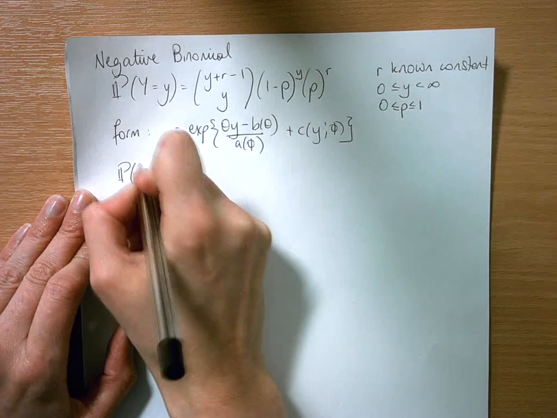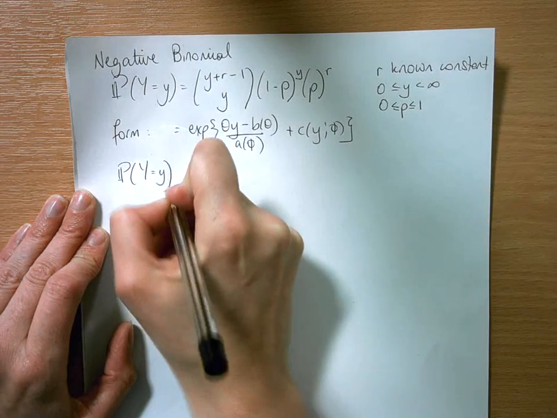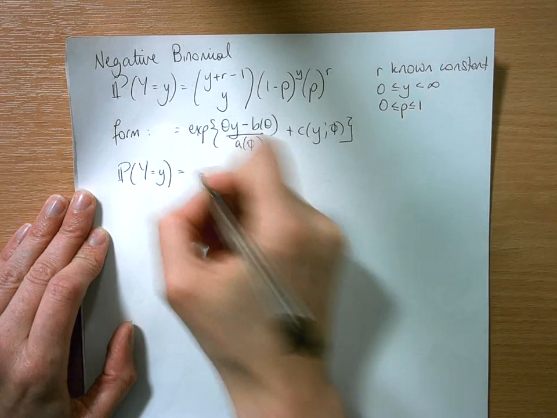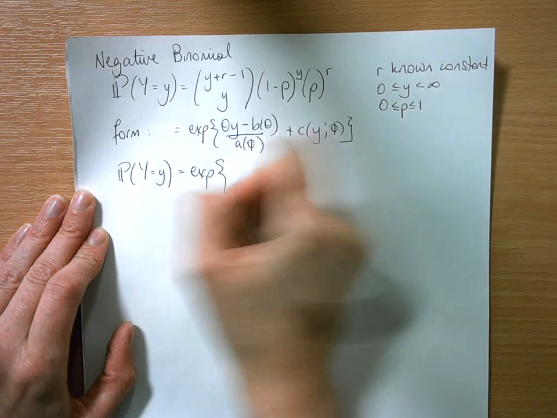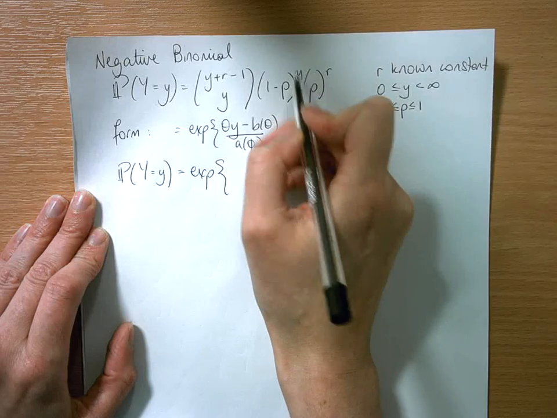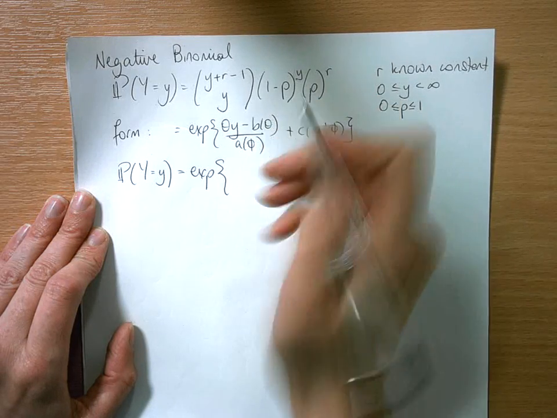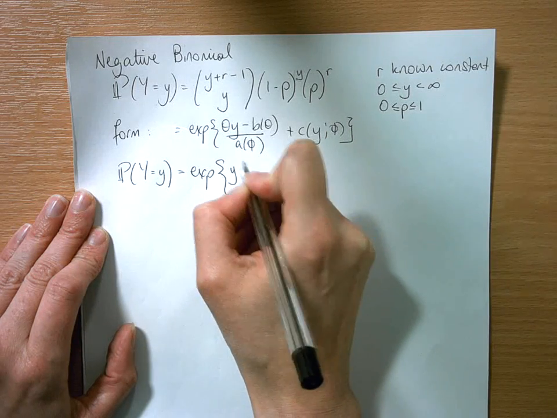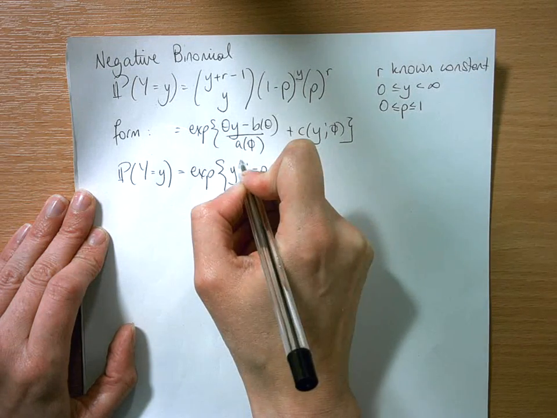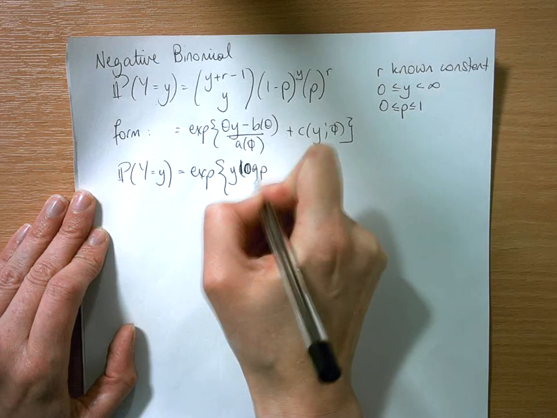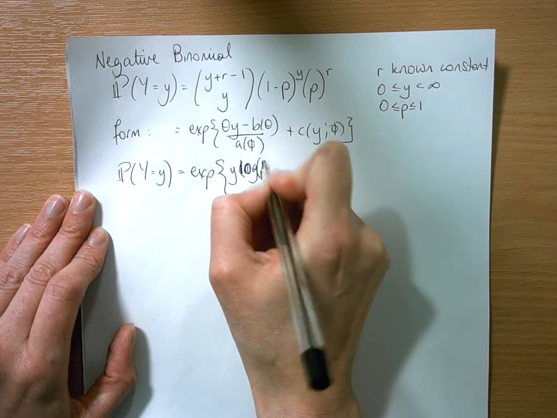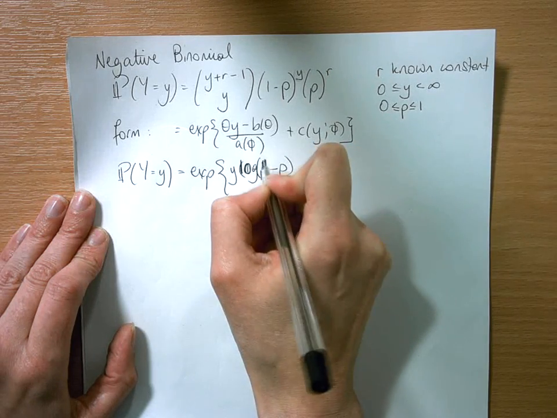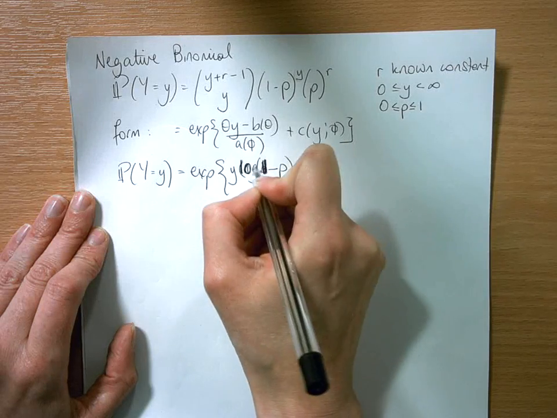So we have p of y equal to the exponential, sensibly rearranging so that my term that is dependent on y is first. So y times log of (1 - p). Don't forget to take your natural logs in here.